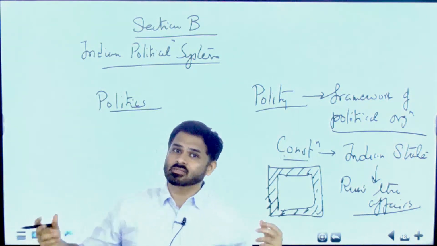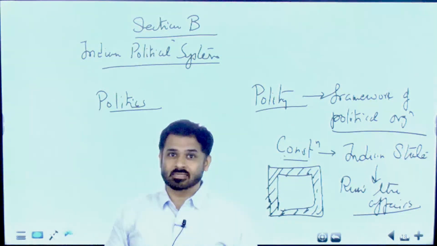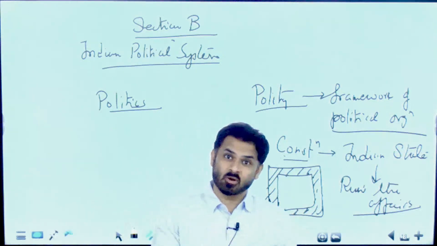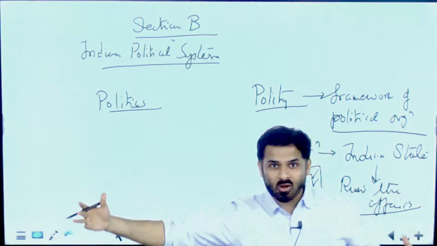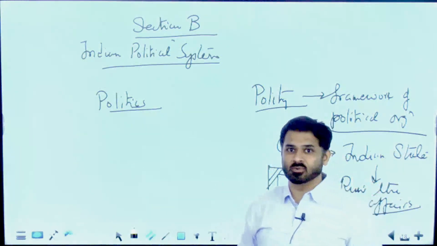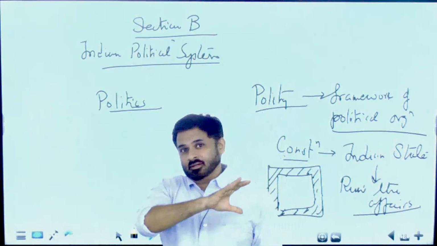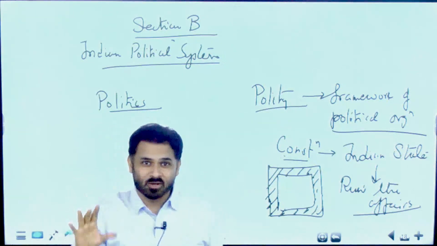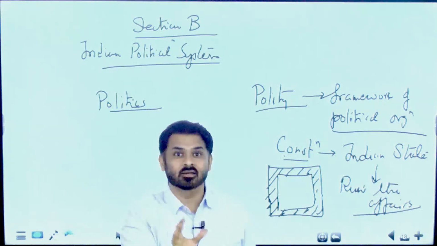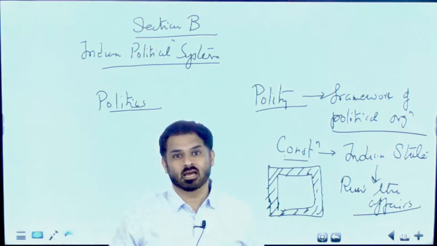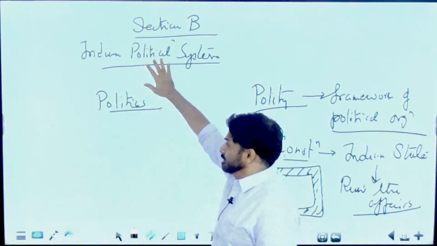So there will be organizations established, like the Zamindari associations earlier, the landholder society, then the moderate politics and their organizations, then the Indian National Congress, then the entire freedom struggle. This is how politics slowly emerged, and this is the reason why in section B of paper 1 you are going to study modern Indian history also, like the politics behind the freedom struggle, the strategy, and the political ideologies behind the political struggle we had in achieving freedom.